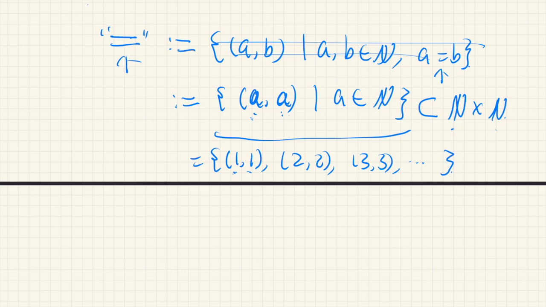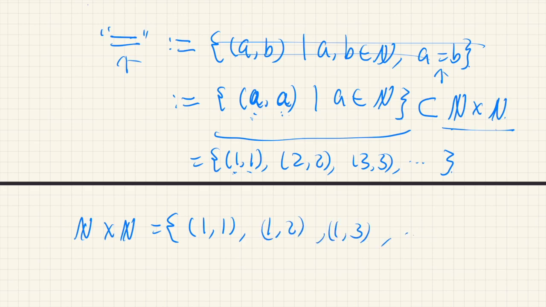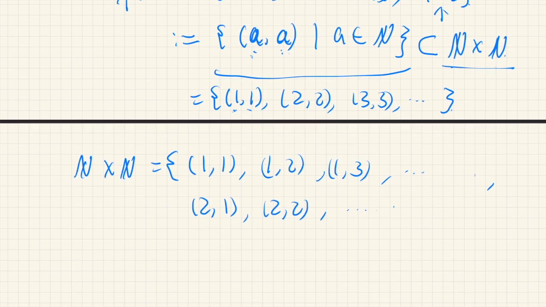And this is obviously a subset of the Cartesian product, which, to be explicit, may be something like (1, 1), (1, 2), (1, 3), and so on. This continues forever. And (2, 1), (2, 2), (2, 3), and so on. There are infinitely many elements.